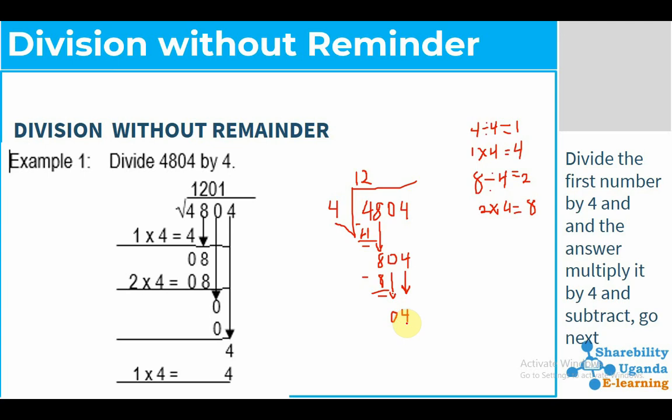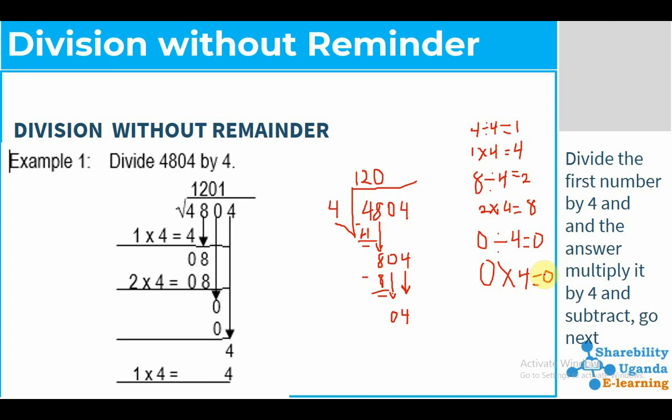Then we say, what is 0 divided by 4? We shall get 0. And 0 times 4, we shall get a 0.